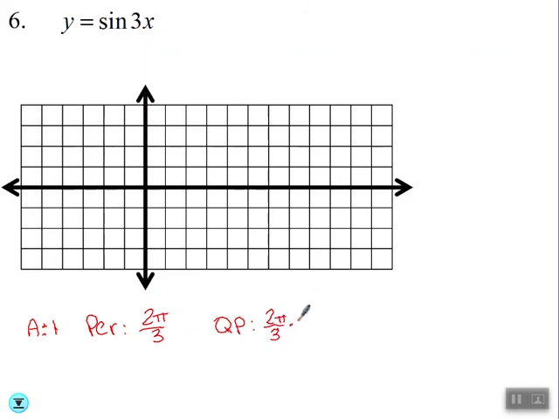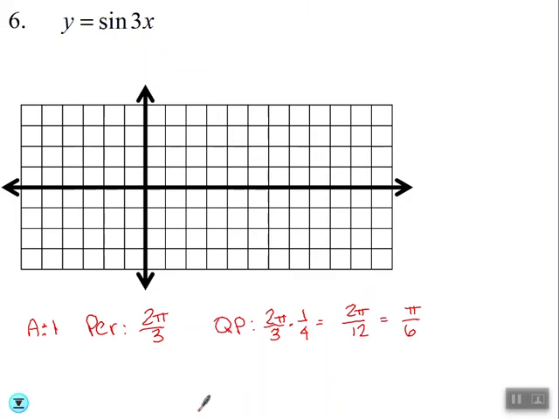Dividing by 4 is the same thing as multiplying by 1/4. So we have 2 pi over 12, which simplifies to pi over 6. That means that we should have a key point at every pi over 6.